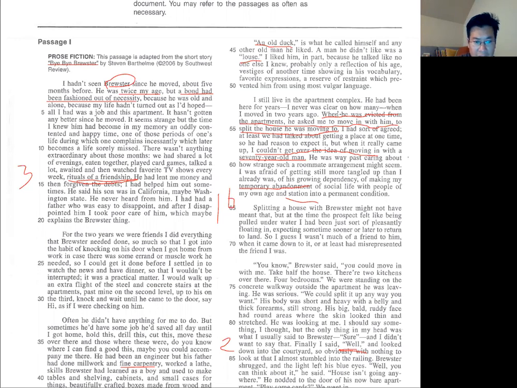"I had sort of agreed," after that, at least we had talked about getting a place at one time. And then he had reason to expect, but it really came up. "I couldn't get over the idea of moving in with a 75 years old, and he was past caring," and so on. And then also line 61, "I was afraid of getting still more tangled up than I already was, of his growing dependency and making my temporary abandon," and so on.